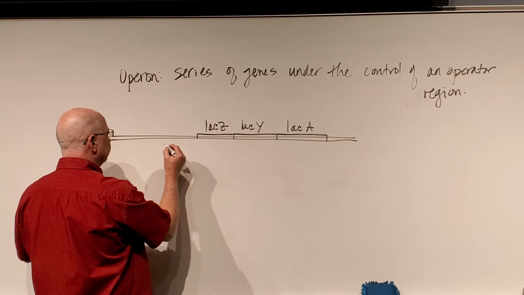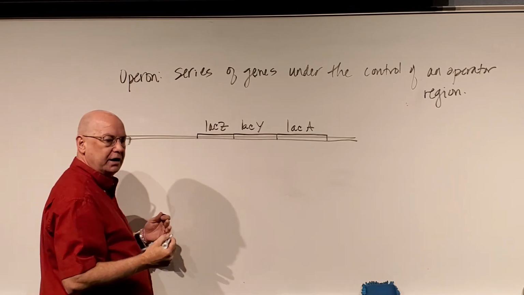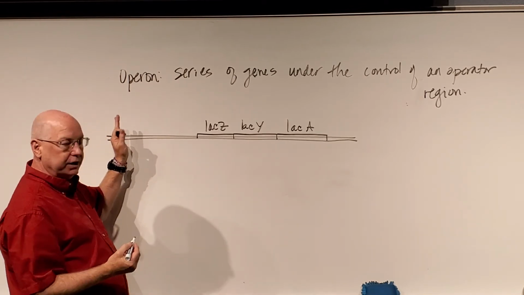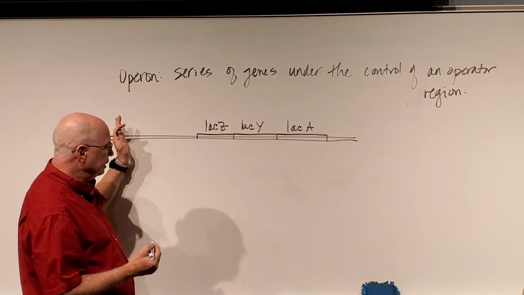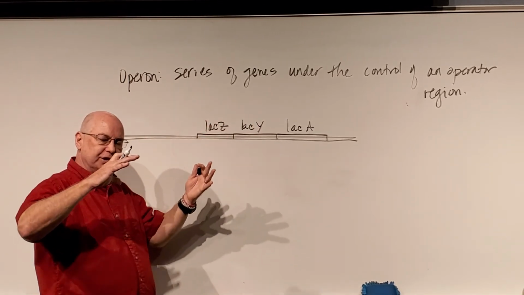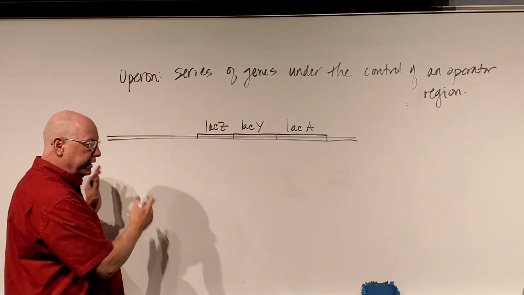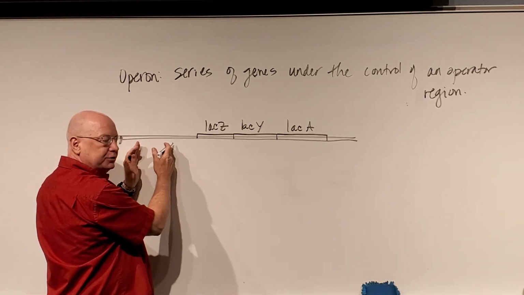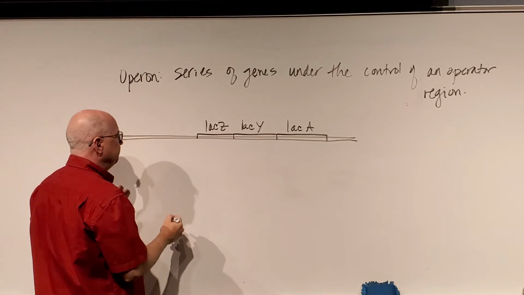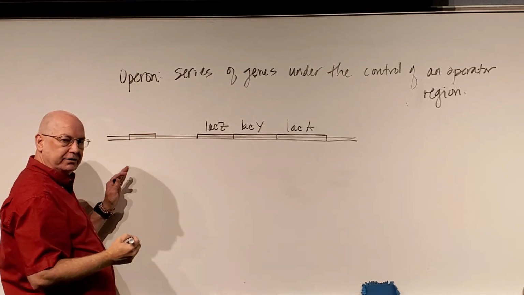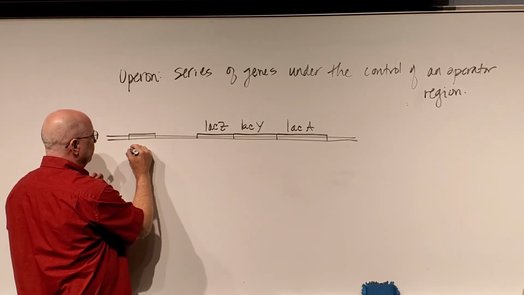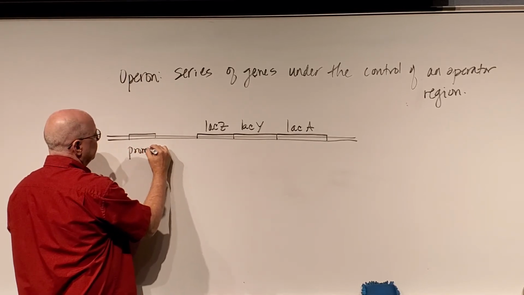Well, there's also a section that always tells the RNA polymerase, hey, here's where we're going to start. Before we get to this gene, you're going to start here, and you're going to get ready to start reading these genes and get sort of in the right reading frame. Which bases do we start with? And that area of DNA that tells RNA polymerase where to start is called a promoter.